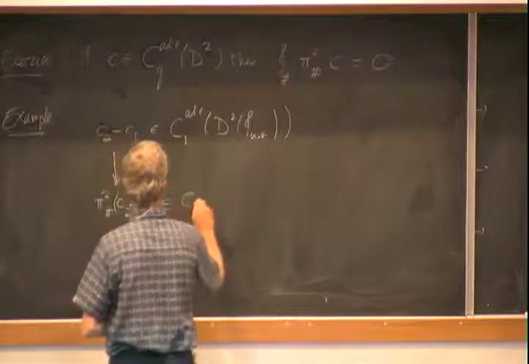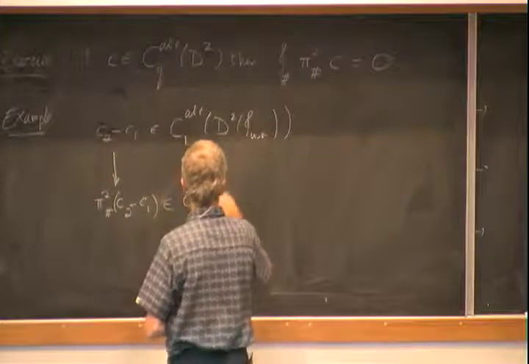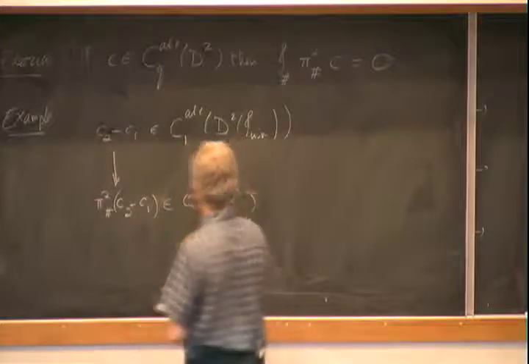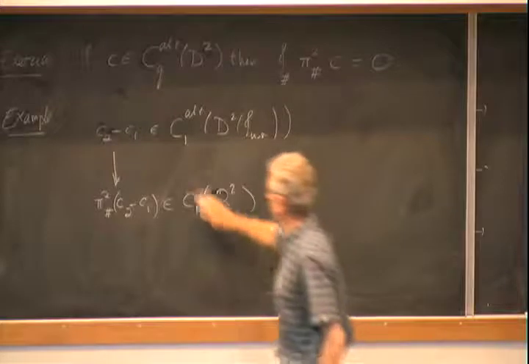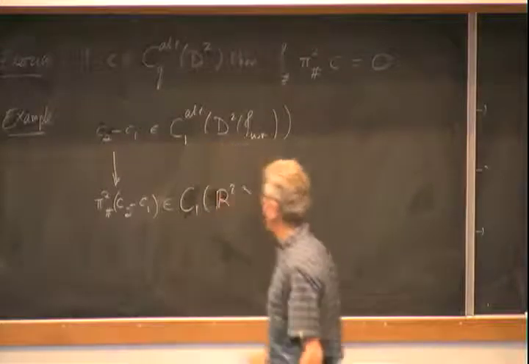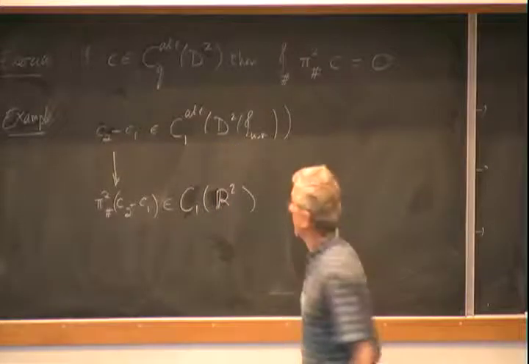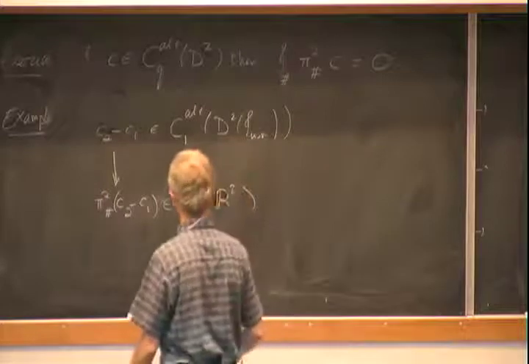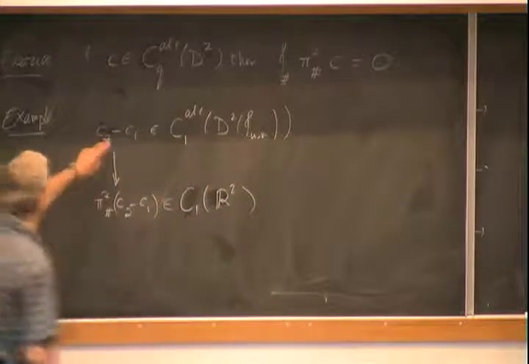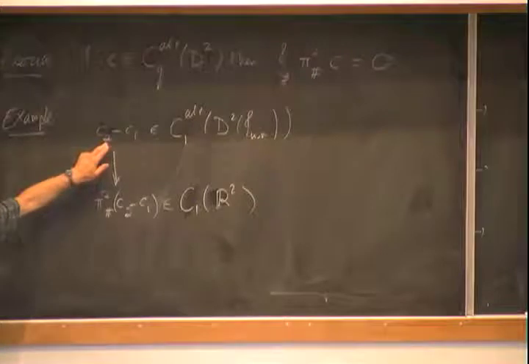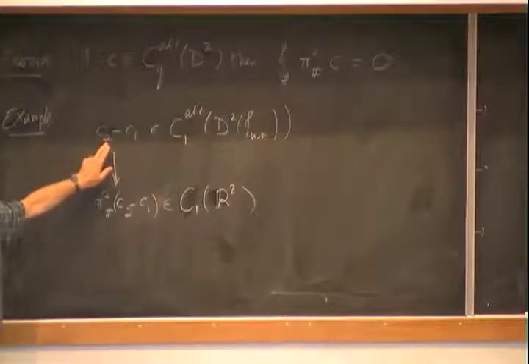That's in C1 of the domain, R2, in big capital C1. So one chain on R2. But actually, this is not just a chain, it's a cycle. Its boundary is 0, because the boundary of C1 and the boundary of C2 are equal. And so when I subtract, I get 0.